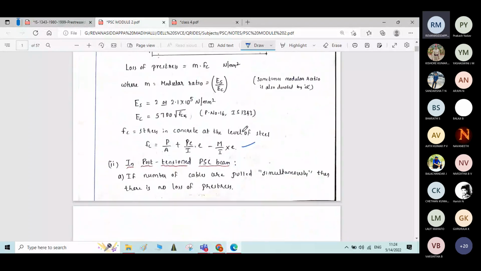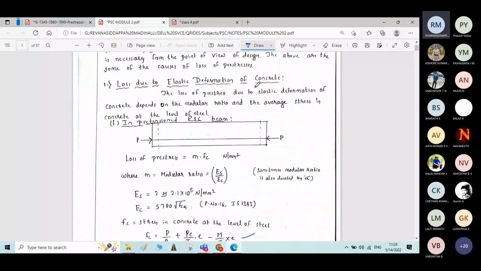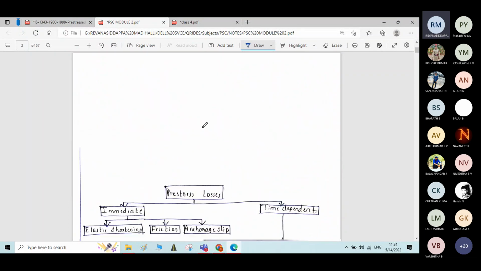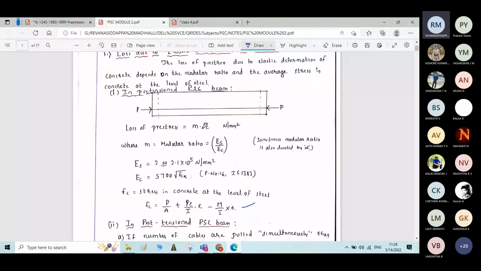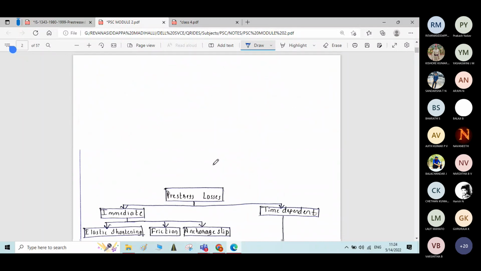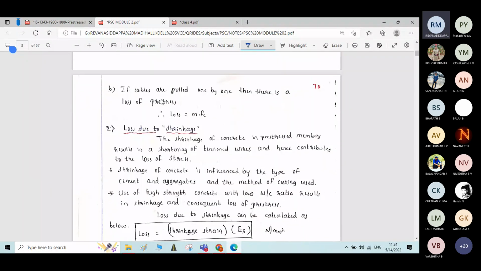Yes, here we have the formula. Loss due to elastic deformation of the concrete in pre-tensioned beam and in post-tensioned PSC beam is calculated using the M into FC formula only. If the cables are pulled one by one, there is loss of pre-stress and it is calculated as loss equal to M into FC.